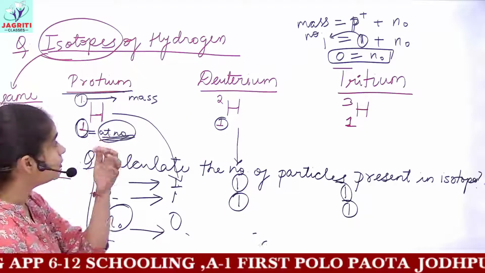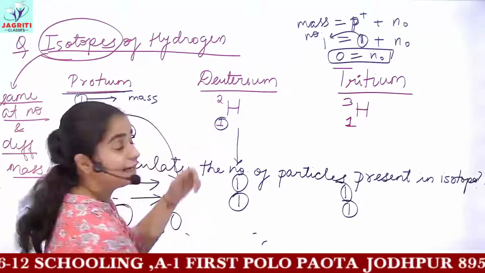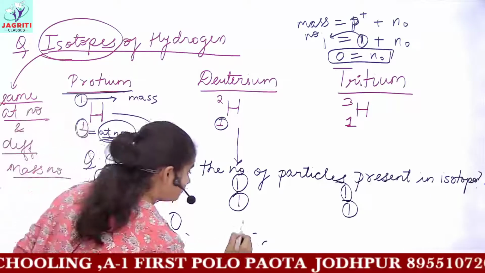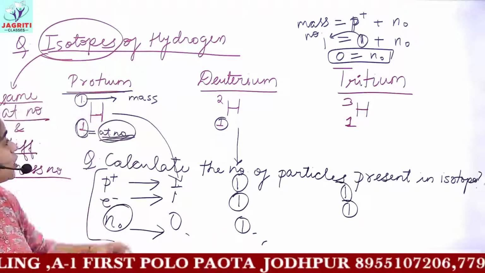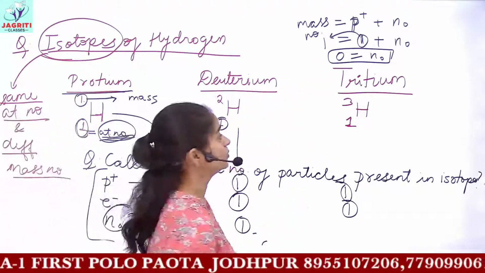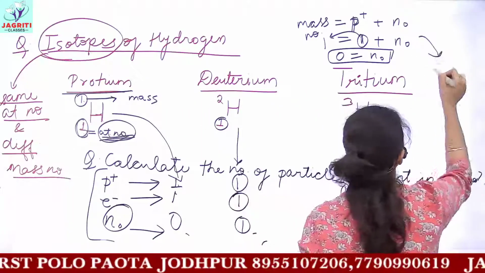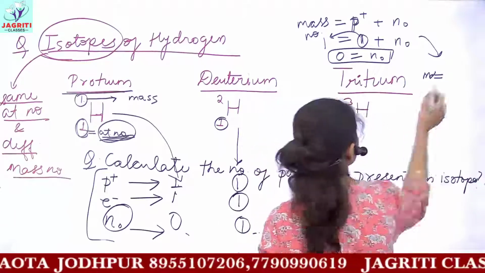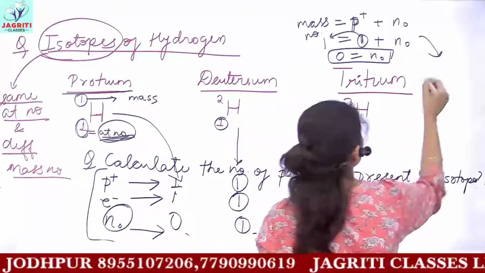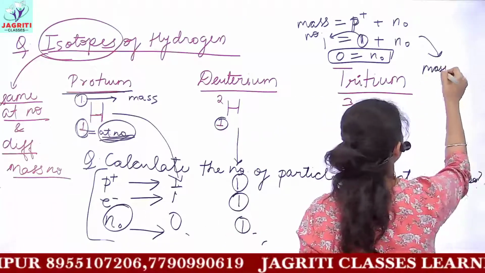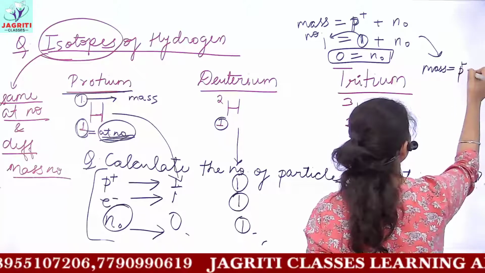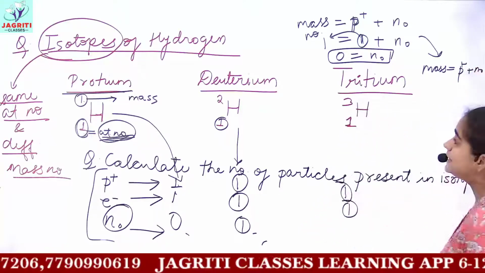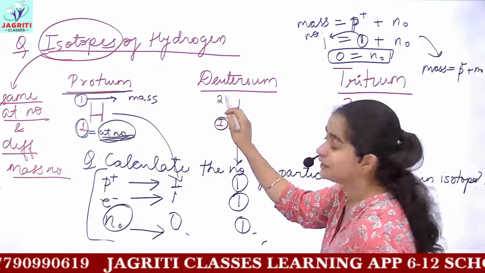While calculating for deuterium, you will get the number of neutrons to be 1 because the mass of deuterium is 2. Using the same formula, mass number is equal to the number of protons and neutrons. You see that the mass of deuterium is 2.